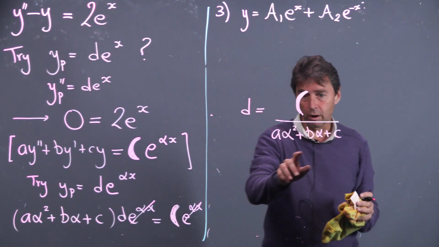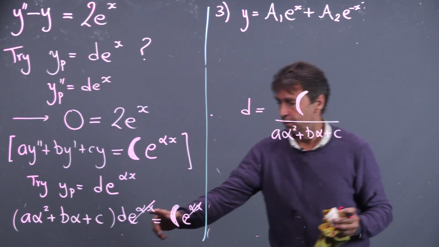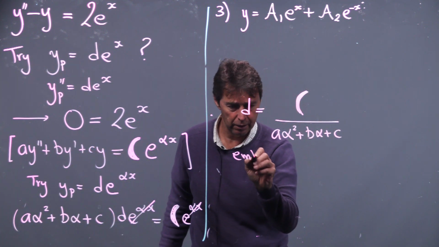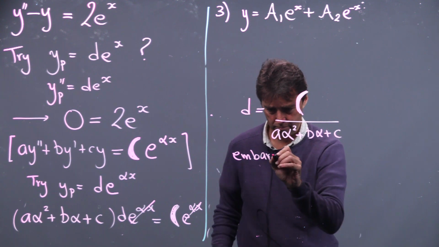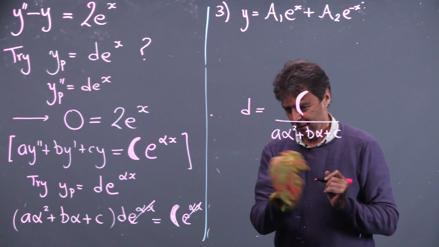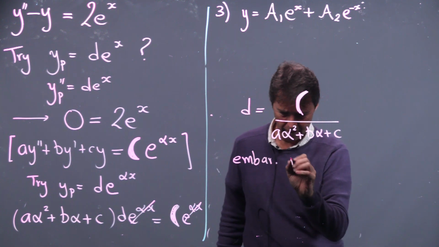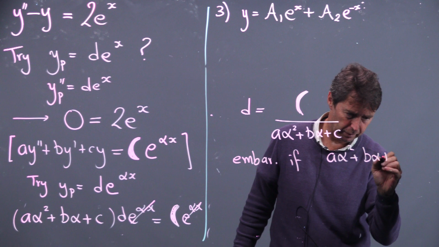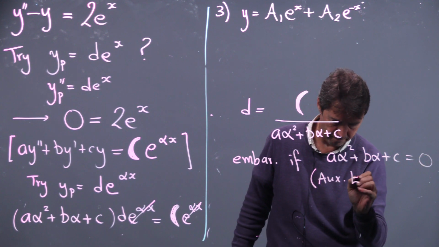What could go wrong? Well, what could go wrong is if the denominator here is 0. If that was 0, then I would get an embarrassment like this. So this is embarrassing. It's embarrassing if a alpha squared plus b alpha plus c is 0. But that's just the auxiliary equation.